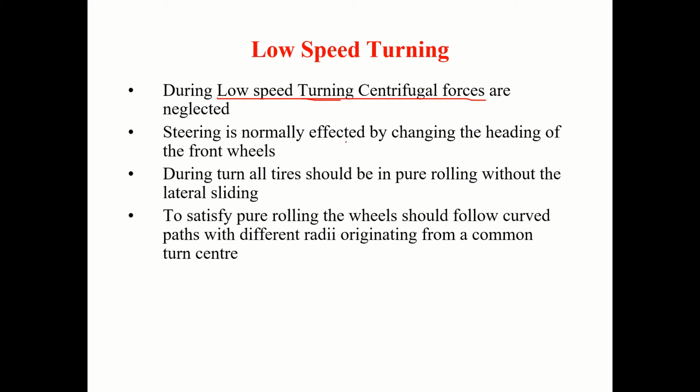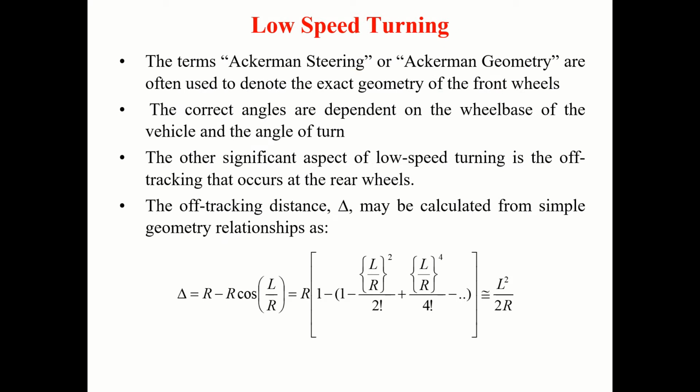Steering is normally affected by changing the heading of the front wheels. During turn, all tires should be in pure rolling without lateral sliding because there is no centrifugal force. To satisfy pure rolling, the wheels should follow curved paths with different radii originating from a common turn center.